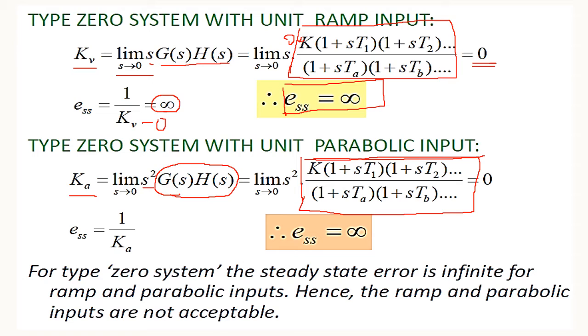Either you can substitute this function in the system, or you can substitute the basic error function, that is s into R(s) divided by 1 plus G(s) H(s), and since it is s, I can write s square into R(s) divided by 1 plus G(s) H(s).